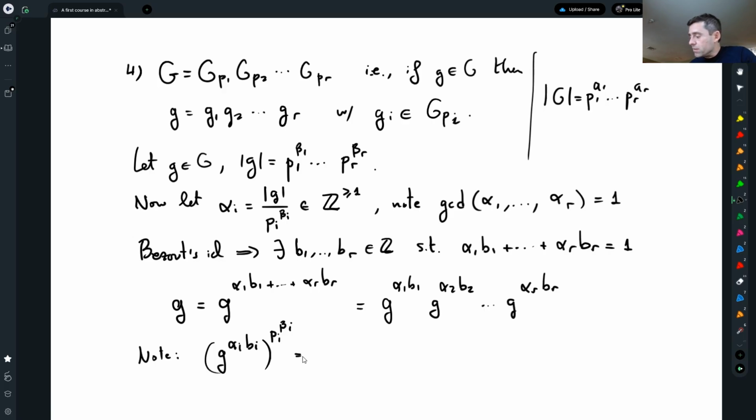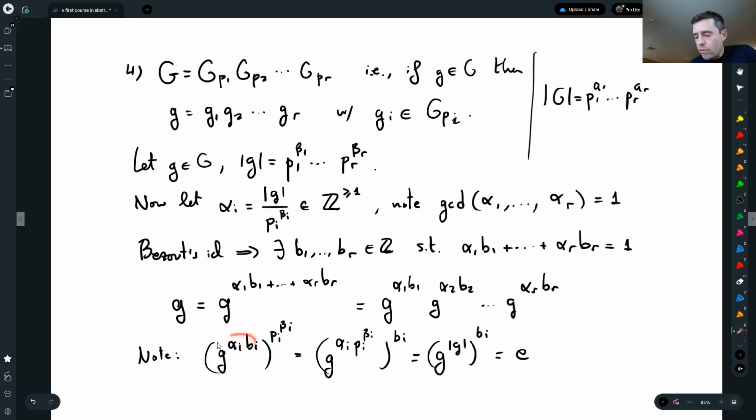Alpha i times this power of p is the order of g. So this is g to the alpha i pi to the beta i, to the bi'th power, and that is g to the order of g, to the bi'th power, and g to its order is the identity, so this is the identity. So you see now that each one of these elements has order a power of pi. So each one of those elements is in the p-primary component that I want.